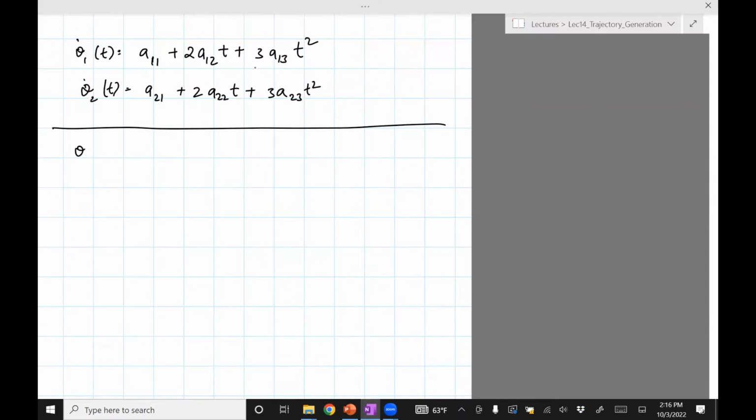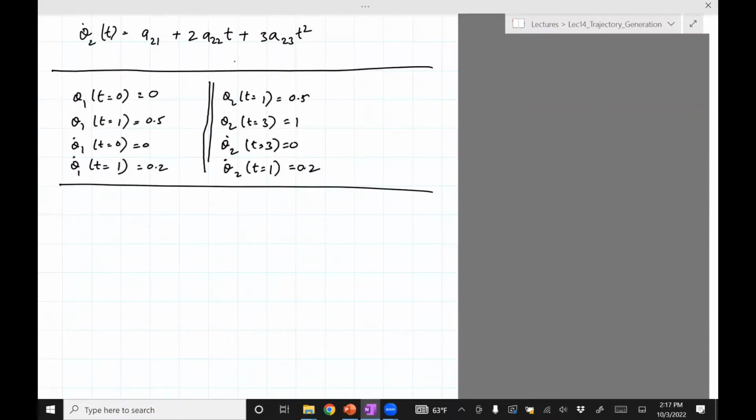So, all set. The first condition, theta 1 at t equals 0, is a10, which is 0. Theta 1 at t equals 1 would give me a10 plus a11 plus a12 plus a13 equals 0.5. Just put t equals 1.